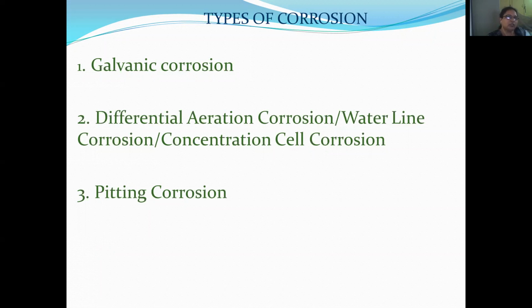The less oxygenated part undergoes more corrosion, the more oxygenated part undergoes less corrosion. Then we have pitting corrosion where pits or holes are formed on the metal oxide layers and there pitting corrosion takes place. All these three are important types of corrosions.